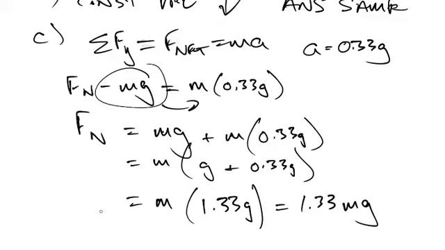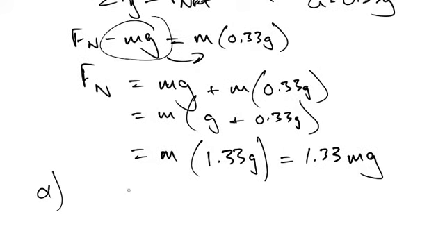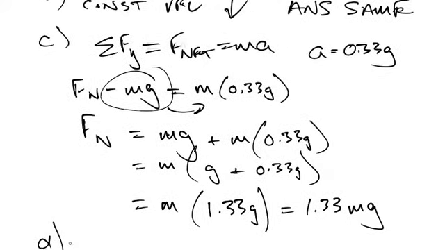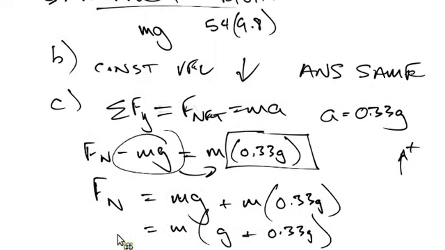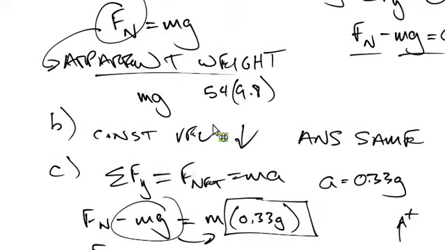And the next problem, D, says with a downwards acceleration. So it's the same exact situation as C, except in this case, this term ends up being a negative because we've decided that up is positive, because that's the direction when we chose Fn.